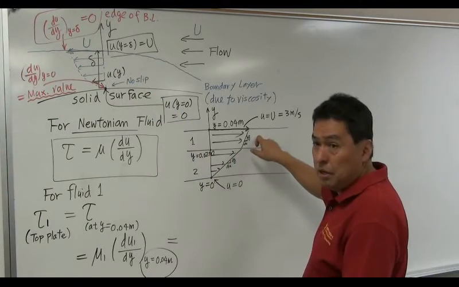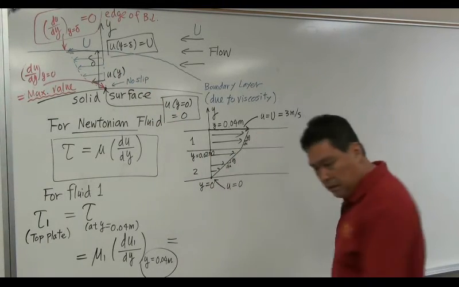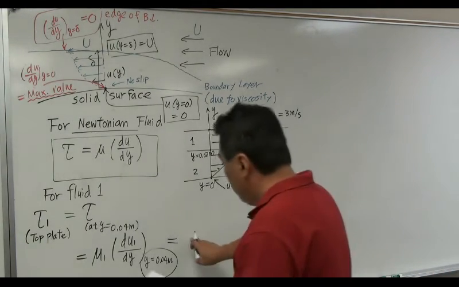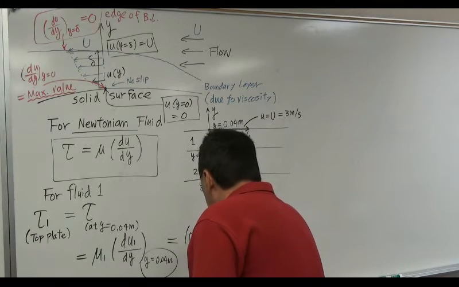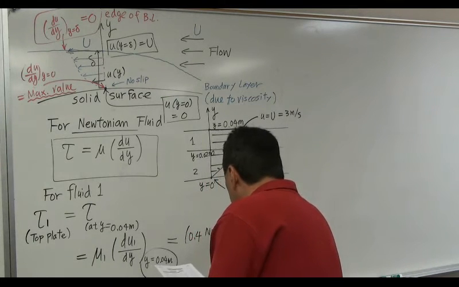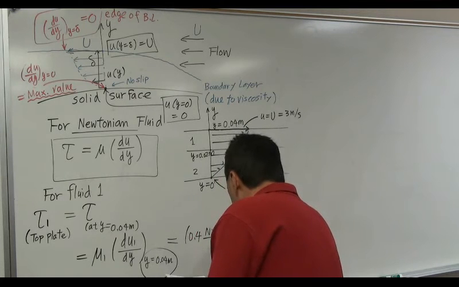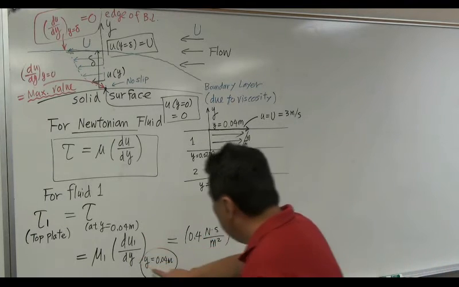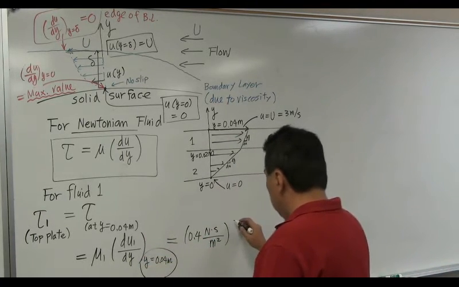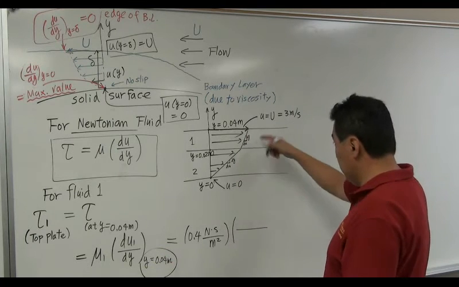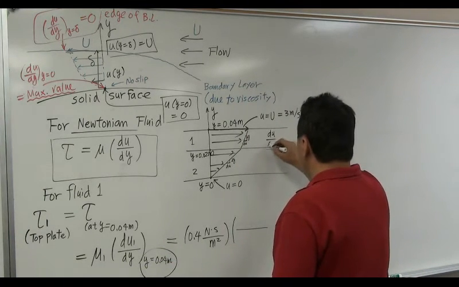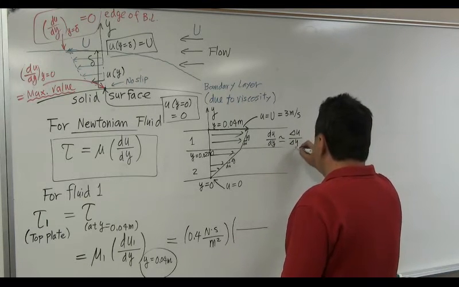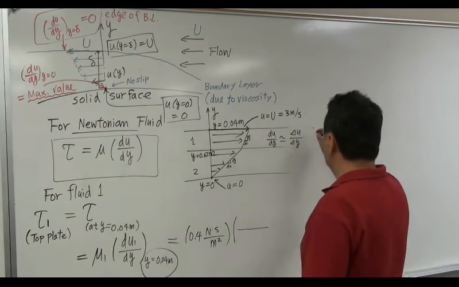This case, it's linear, so it's constant. Okay. Anyways, because of that, let's plug in the values. Mu1 is 0.4 Newton second per meter square. This is the viscosity of fluid 1. du1 dy at y equal to 0.04 meter is, since it's a linear function, du dy can be approximated by delta u over delta y.